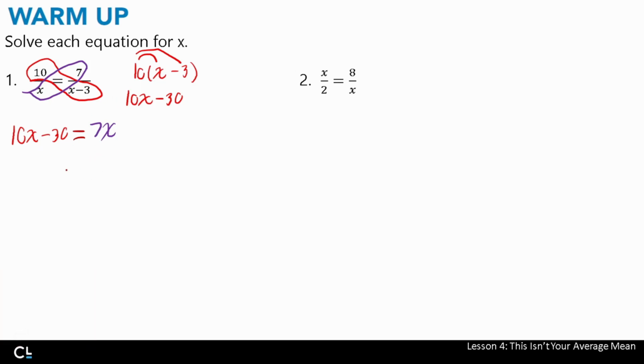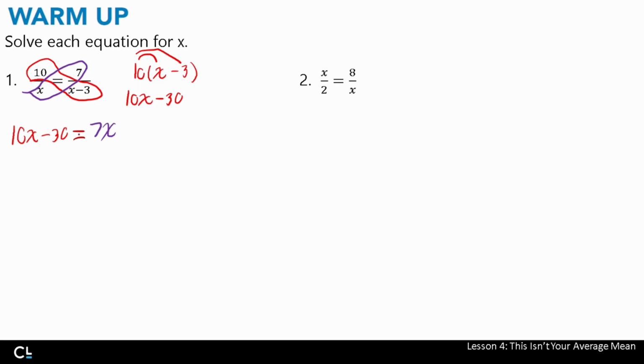So when we solve this, we have to get our x's together. Now, I don't want to bring my 7x over, right? And the reason I decided that was because if I subtract 7x from both sides, we're going to have a 0 on this side. And then we're going to have to bring 30 over that way to get that over on the proper side. But what we could do instead, we could shorten this.